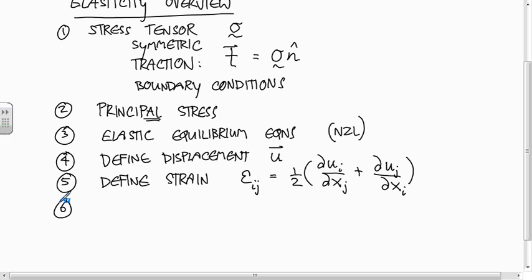Now, the fact that we're talking about elasticity means that our measure of load has to have some kind of functional relationship with our measure of deformation. And so what we're going to use is that the strain tensor is equal to a function of the stress tensor. This is all it takes to be elastic.